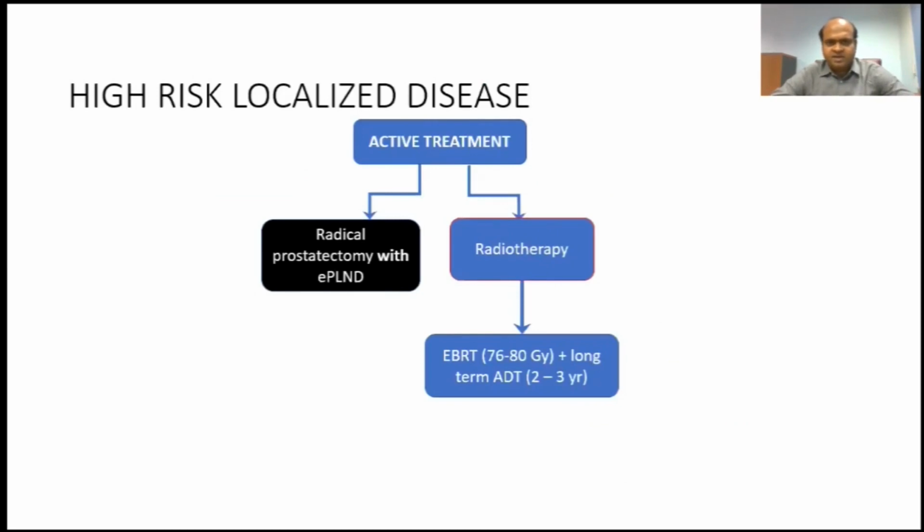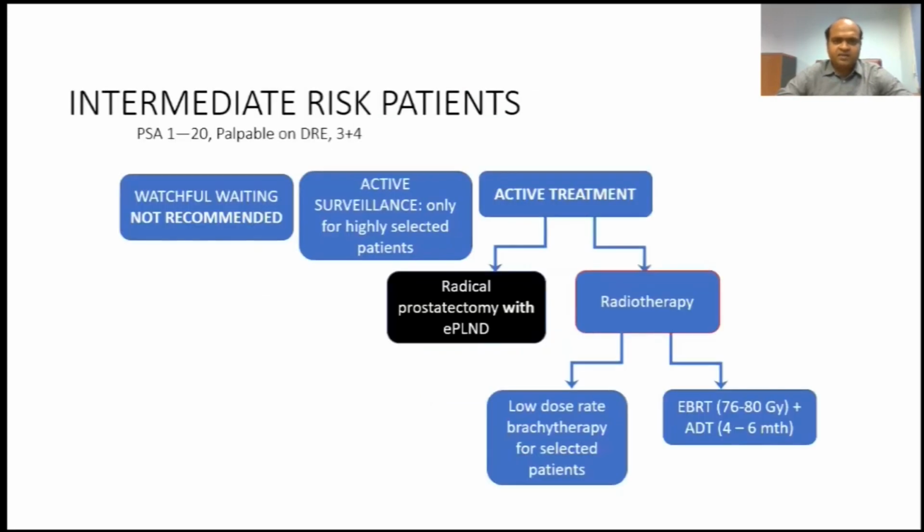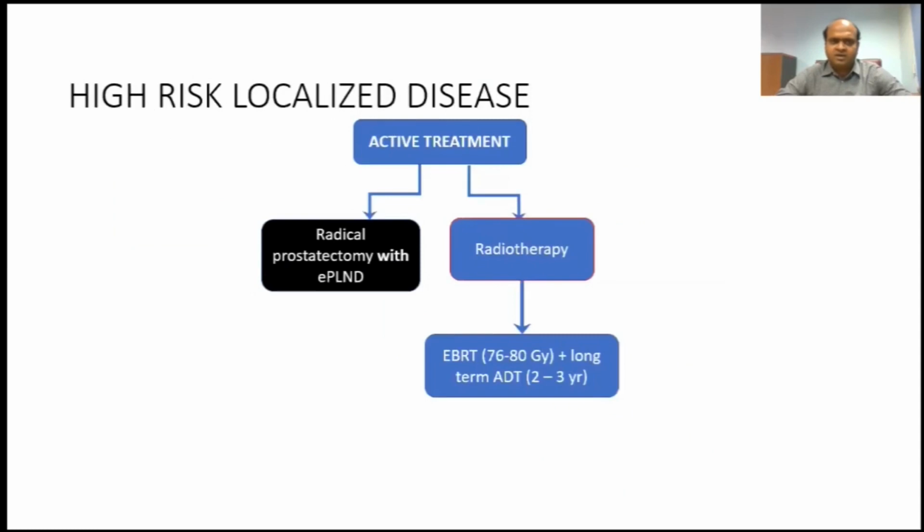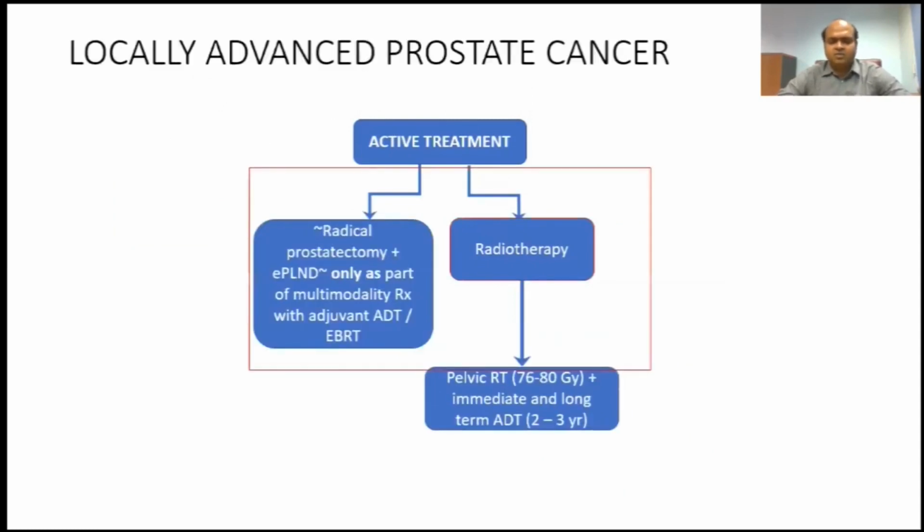In high-risk localized disease, again radical prostatectomy and radiotherapy both are good treatment options. However, there is no role of active surveillance in this high-risk localized disease. If you see the previous slide, even in intermediate risk patients, in a very selected group, active surveillance may be an option. However, in high-risk localized disease, active surveillance has no role.